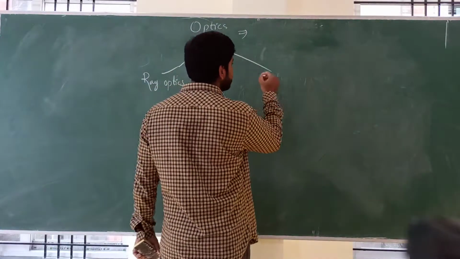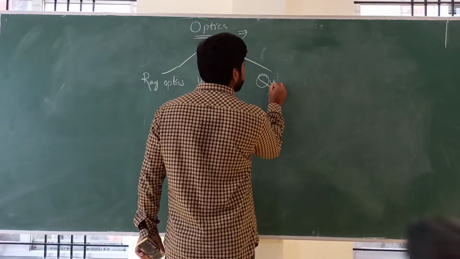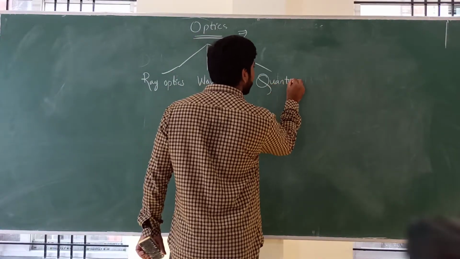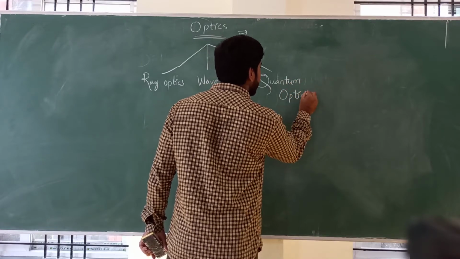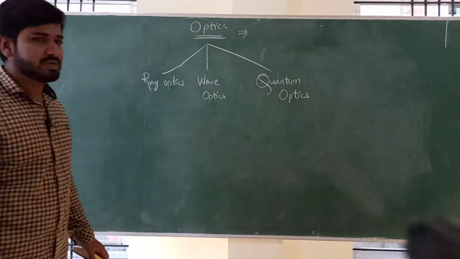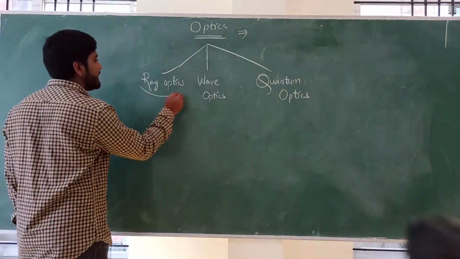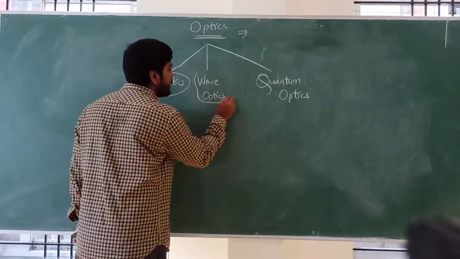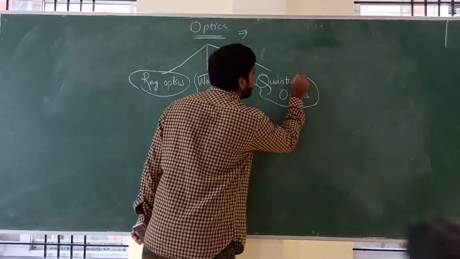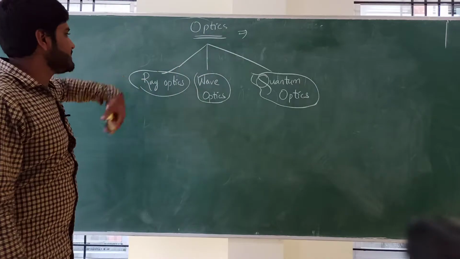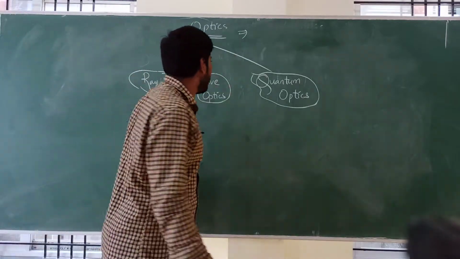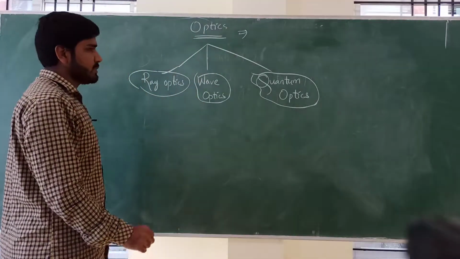And third one is quantum optics. So optics is divided into three categories: ray optics, wave optics and quantum optics. Now let's see one by one.